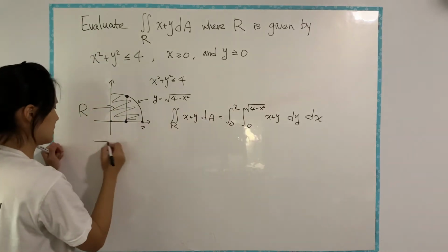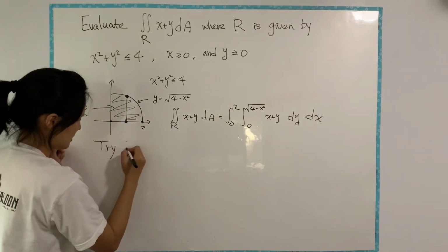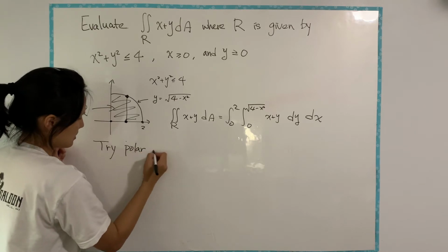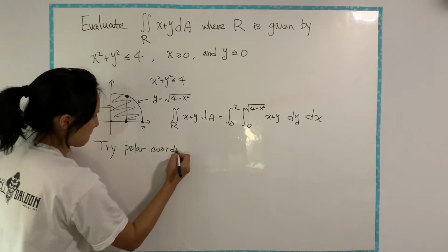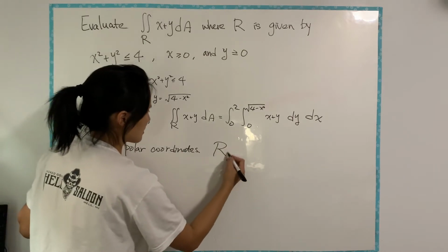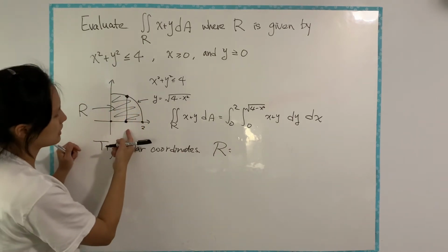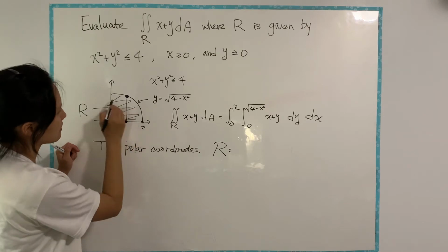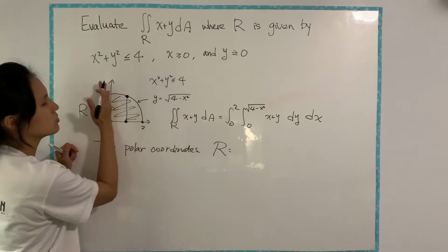So let's try polar coordinates. So in polar coordinates, how do we describe this region R? Theta will be from 0 to a half pi.